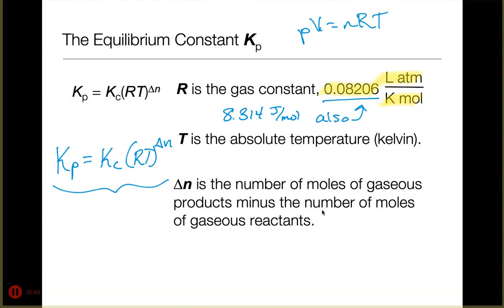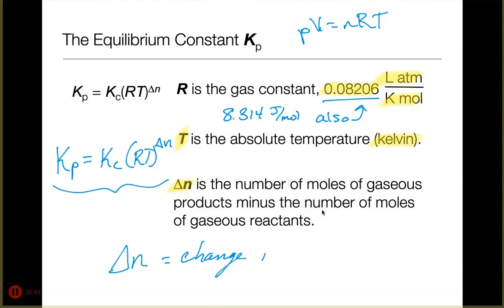Other thing, too, that we've been noticing a lot is that temperature, especially when we're deriving things from PV equals nRT, has to be in Kelvin. And then this new concept of delta N, only new because we've never seen it. Delta N is the change in the number of moles, specifically of gas.